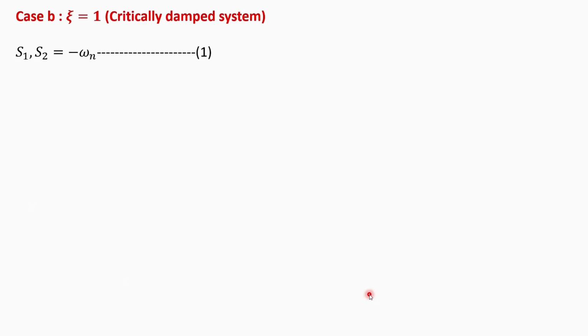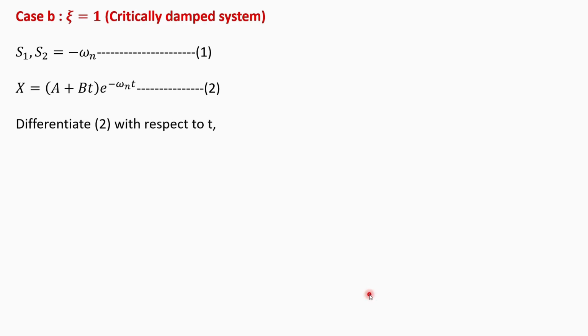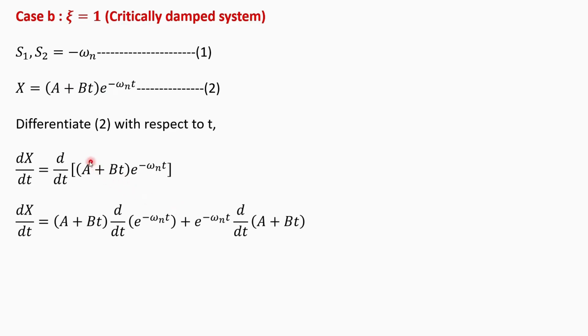Now case b is that of the critically damped system, where both the roots are the same, that is minus omega n. So it is repeated real roots. The general solution is given by x equals a plus bt, e raised to minus omega n t. Differentiate with respect to t. To differentiate this term we use the product rule: let us assume this is our u and this is our v.